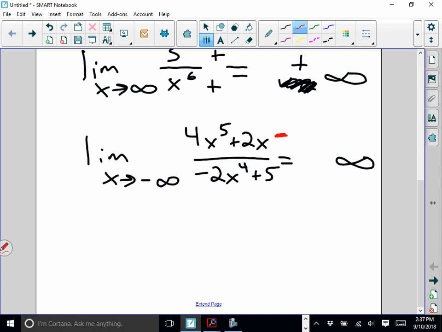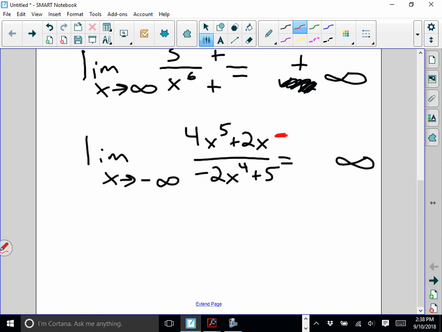Now let's think about the bottom. On the bottom here, I have a negative number that I'm raising to the 4th power. Is that going to be a positive number or a negative number? Well, when I take a negative number and raise it to an even exponent, it's going to become positive. But that positive number is being multiplied by -2.